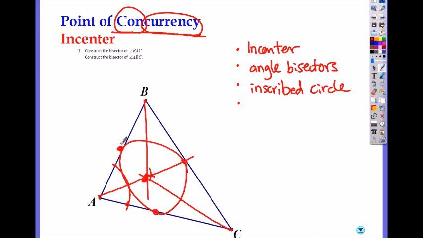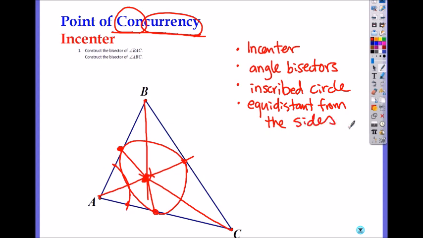Okay? You see how it's touching the sides of a triangle? That means this is the radius of a circle, which is the same radius here and there. So incenter is equidistant, same distance from the sides.